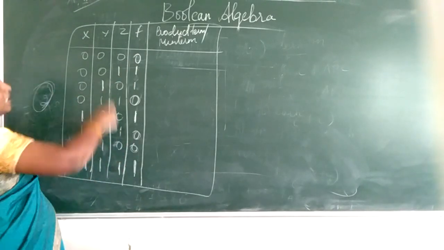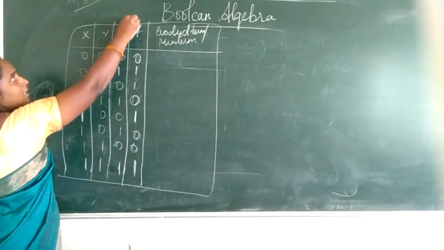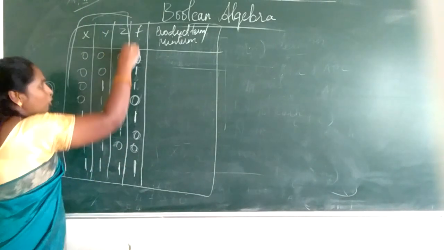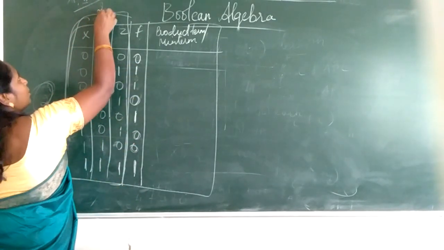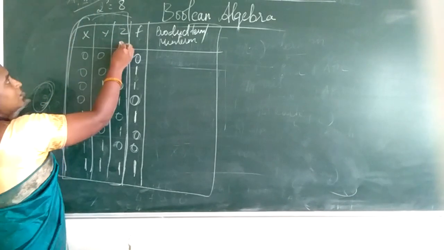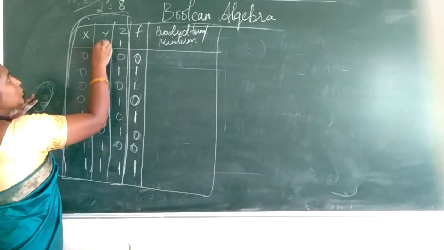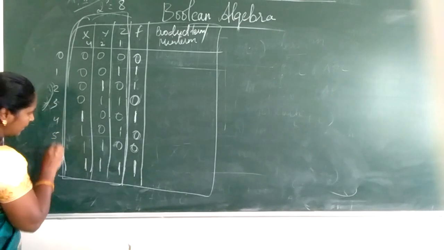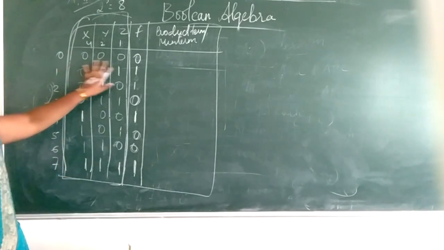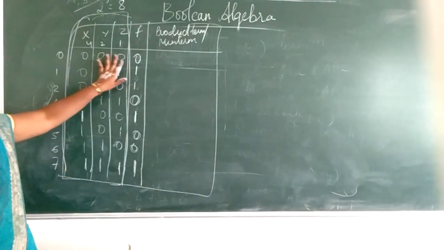See, once again I am telling you, for x, y, z you write the input according to binary values of zeros and ones. 2 to the power of 3 is nothing but 8, that is 1, 2, 4. 0, 1, 2, 3, 4, 5, 6, 7. I have already explained how to represent them: for 0, everything 0.